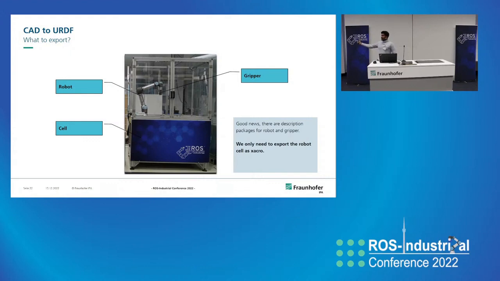This is what we had in our hands, and what we needed to do was to compose everything into a URDF, then have MoveIt integrated into it, and then integrate the entire package into the robot's computer. That was our problem statement.